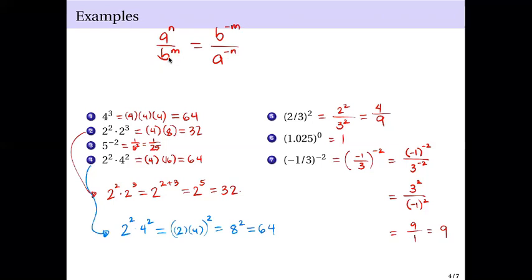Similarly for this, you have the positive m from the denominator here, you bring it up, you'll get the negative m. While in here, you have negative 2 as an exponent in the numerator, you bring it down, it becomes positive 2. And here, negative 2 as an exponent in the denominator, you bring it up, you have positive 2. Okay?